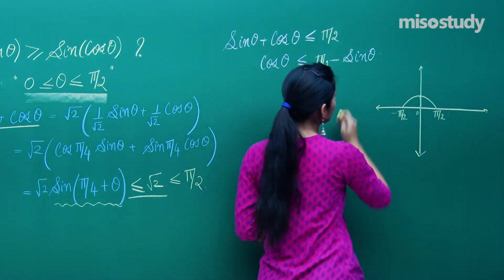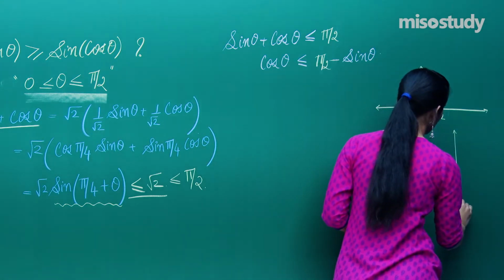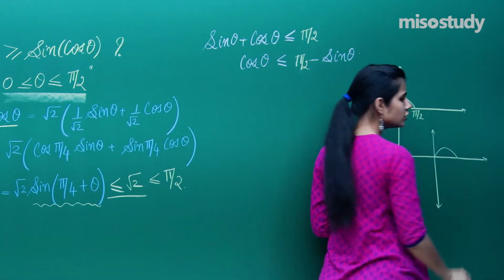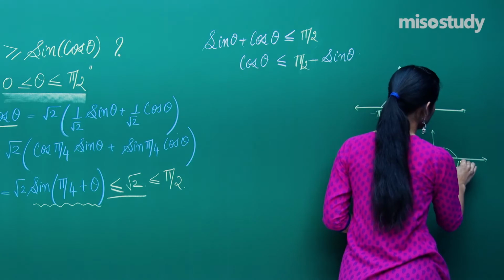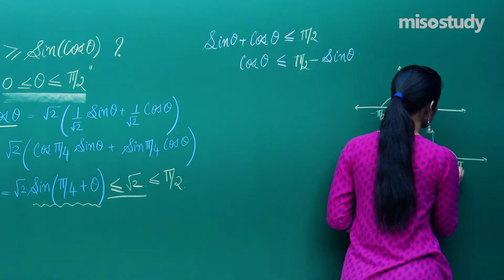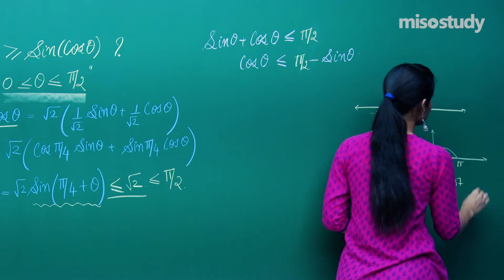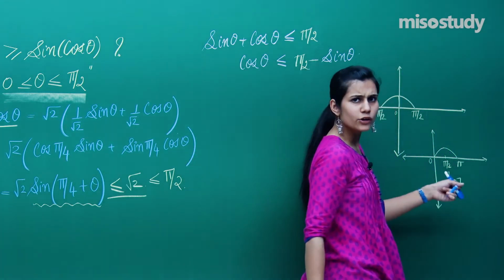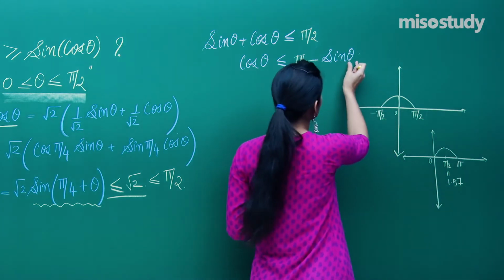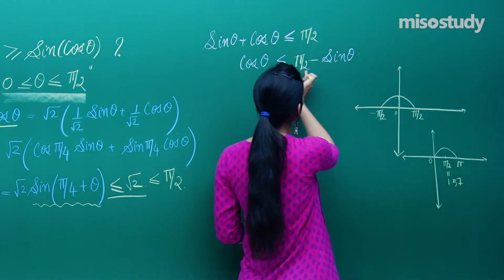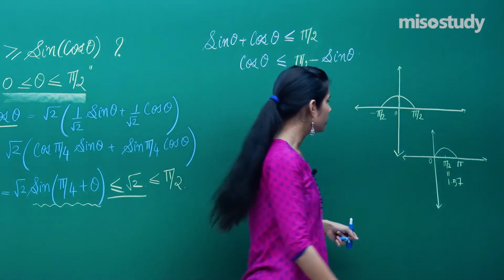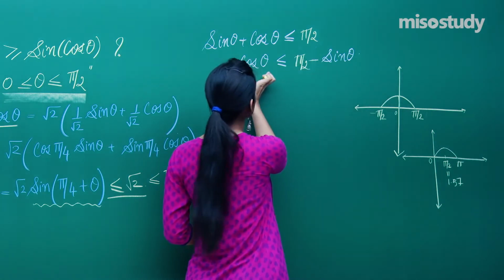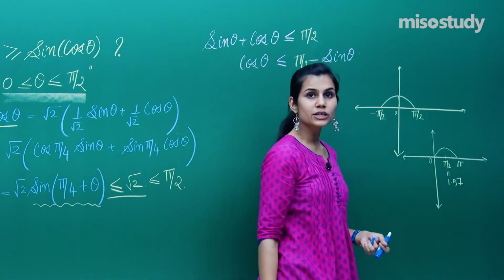Over here also you are going to see this is how the sine function is from 0 to pi. At pi by 2 it's 1, pi by 2 is 1.57. Fine. So cos theta is lying somewhere between 0 to pi by 2 only. And in fact, if theta is from 0 to pi by 2, you won't believe pi by 2 minus sine theta is also here itself from 0 to pi by 2. That means this entirely is also ranging from 0 to pi by 2.